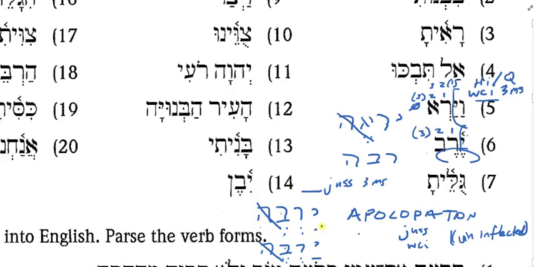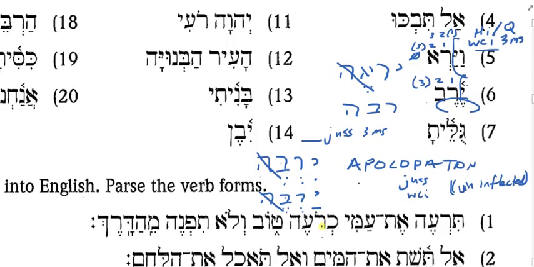All right. For yarbe, yarb, what would be the helping vowel to break up this consonant cluster? The helping vowel is segol, right?